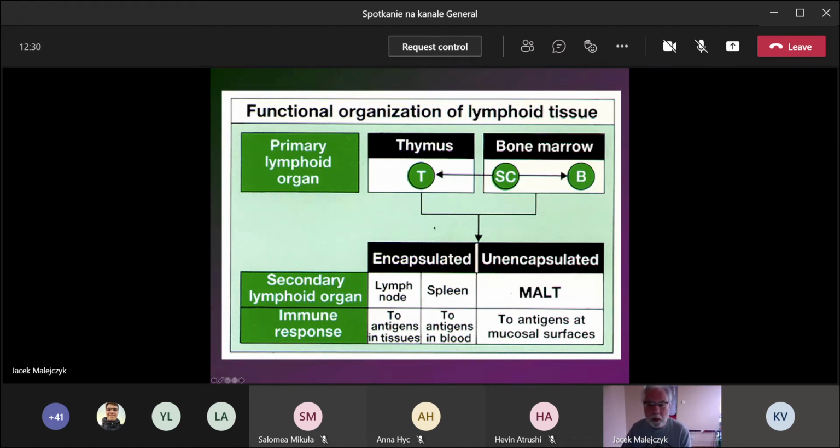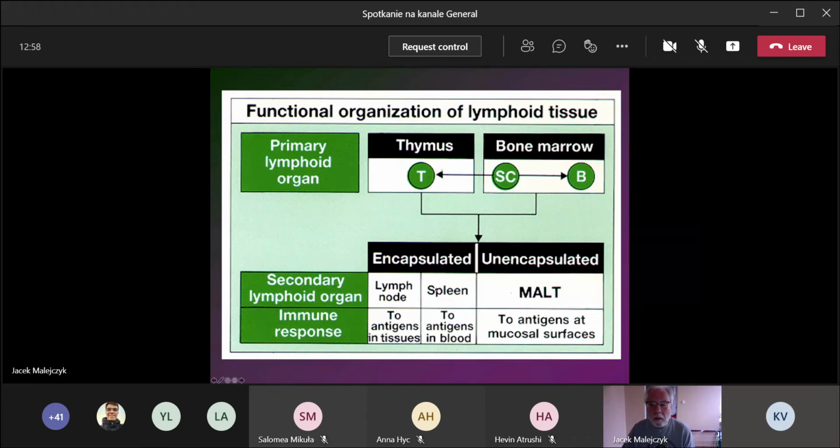The secondary lymphoid organs are divided into two major classes. First, there are encapsulated lymphoid organs and unencapsulated lymphoid organs. Encapsulated lymphoid organs are organs which are surrounded by connective tissue, which forms a kind of capsule.